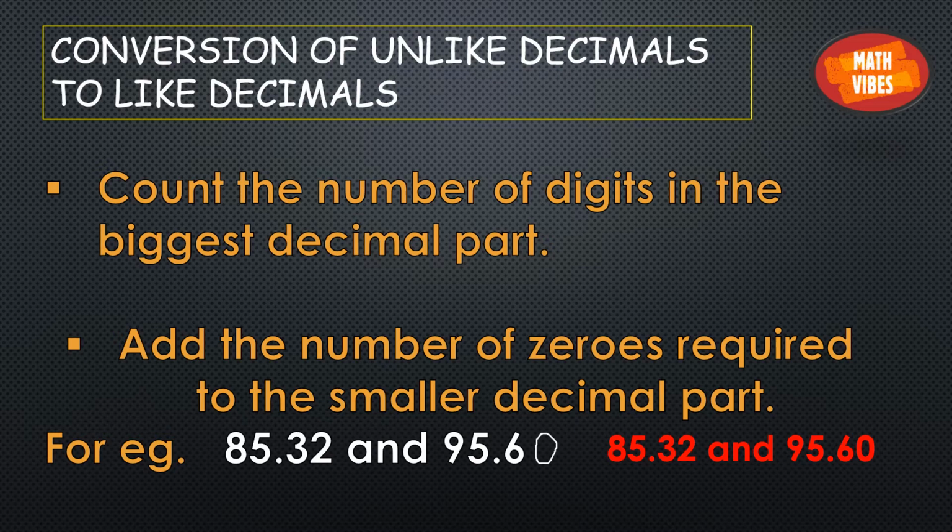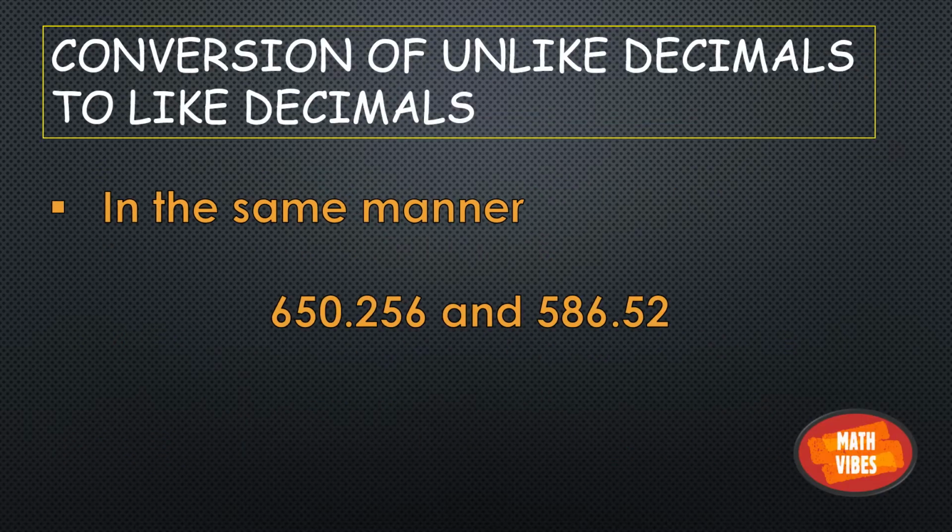Then using the rules of comparison that we have just discussed, you can easily say that because the whole part of 95 is bigger, 95.60 is greater than 85.32.